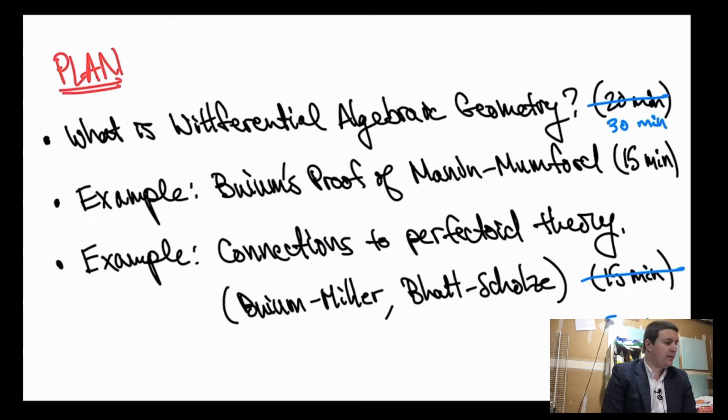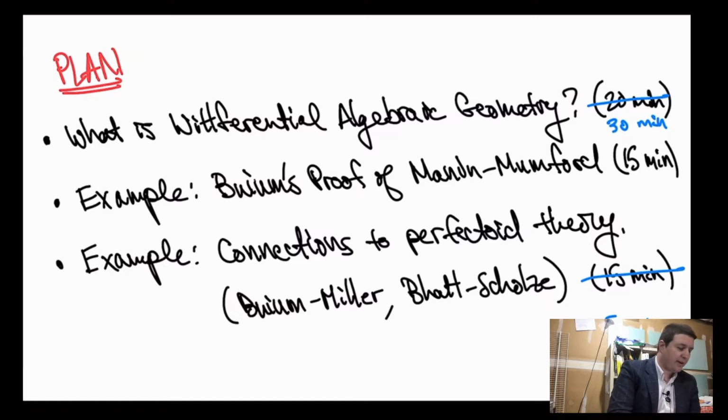Then at the end, I am going to talk a little bit about how you can use these extra operations to build perfectoid spaces, and the relation to perfectoid theory via prisms and via this new kind of completion that's in a paper of Boolean and Miller. So that's the ramification part of the talk, and it's going to be kind of minimal.